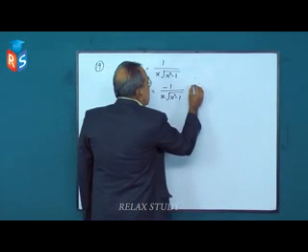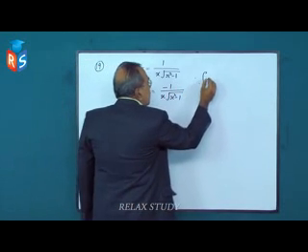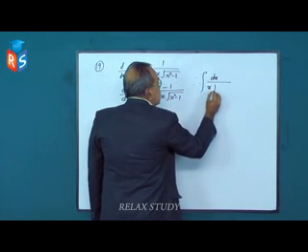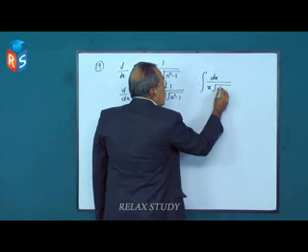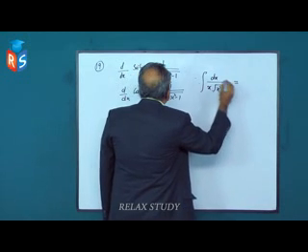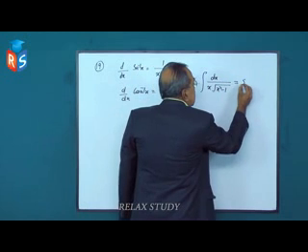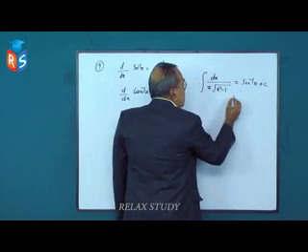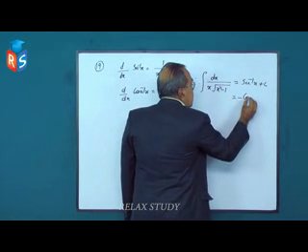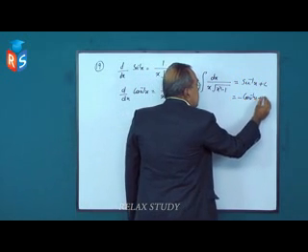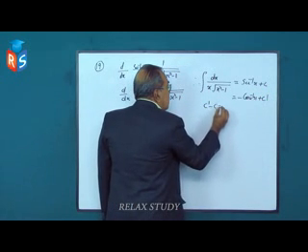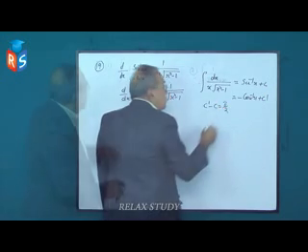Therefore, integral of dx by x root x squared minus 1 is equal to sec inverse of x plus c or minus cosec inverse of x plus c dash. Here also c dash minus c is equal to pi by 2.